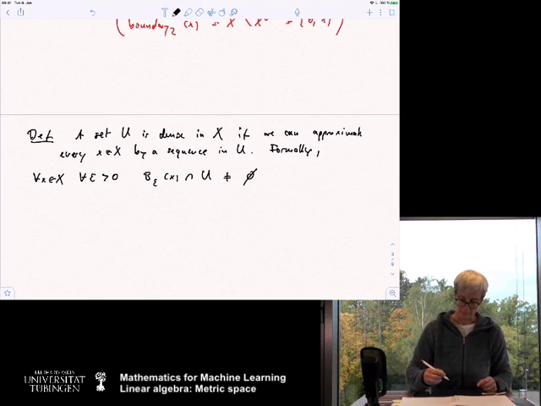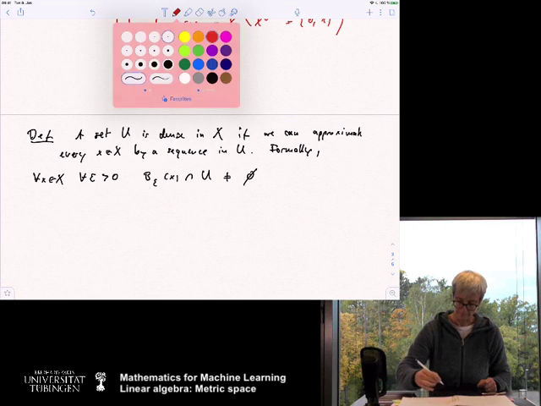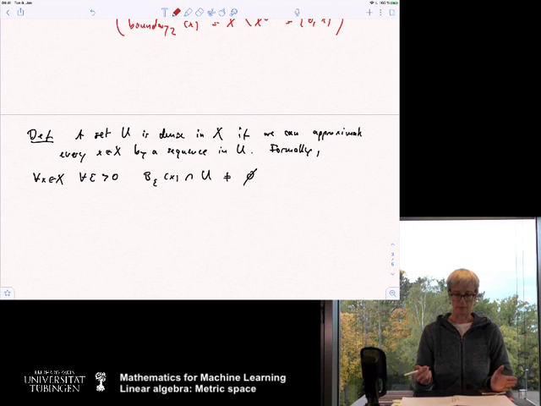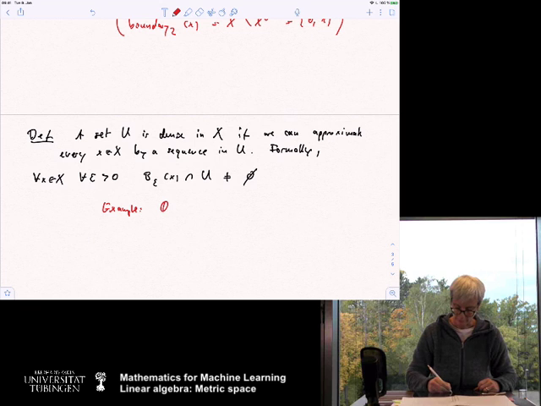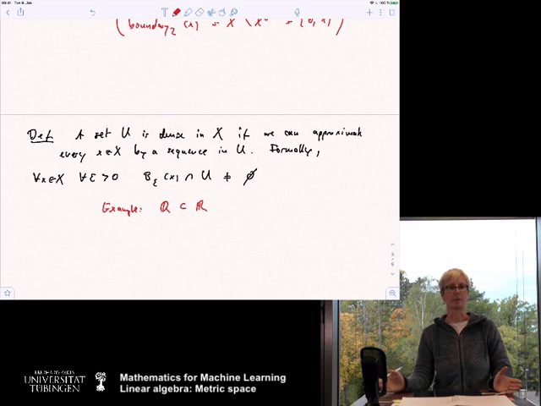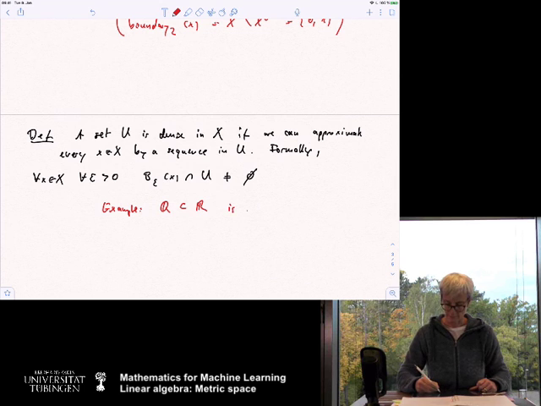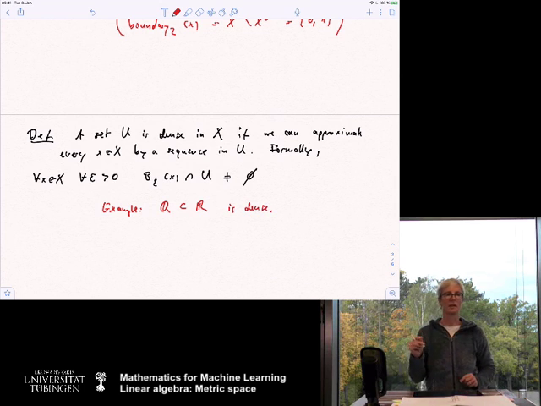Maybe let's draw a picture. As an example, the set of rational numbers is dense in the set of real numbers. So this set of rational numbers considered as a subset of the real numbers is dense. And why is it so? I can take whatever real number I want and I can approximate it by a sequence of rational numbers.